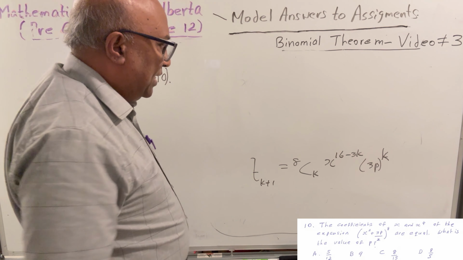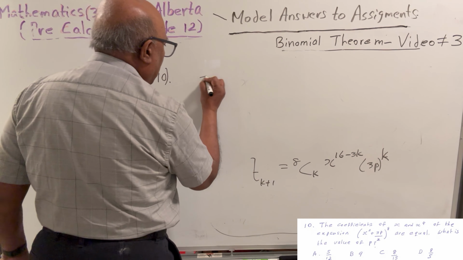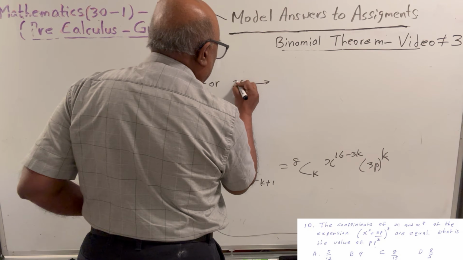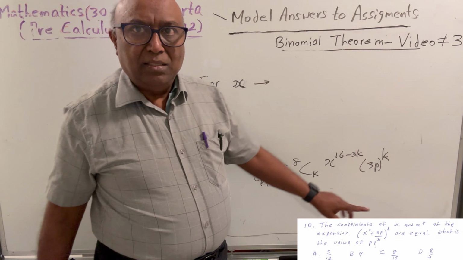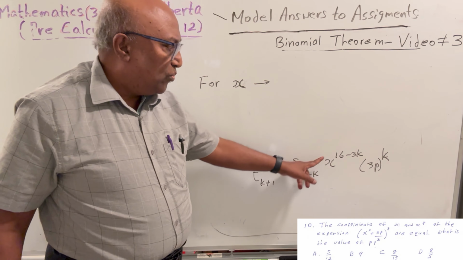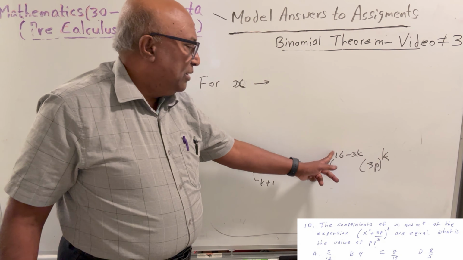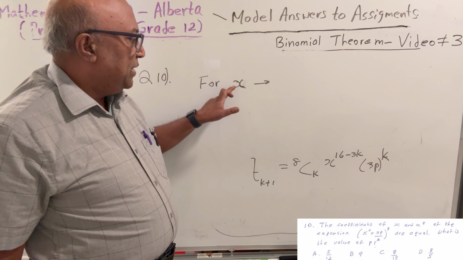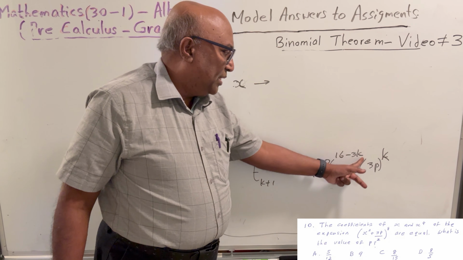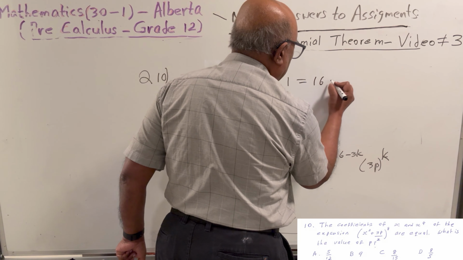Now let's identify the k values. For the term x, what is k? If this term represents x to the power 1, the exponent should be 1. That means 1 equals 16 minus 3k.